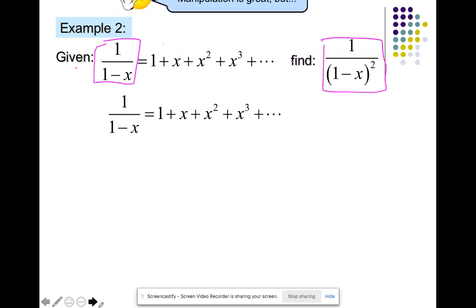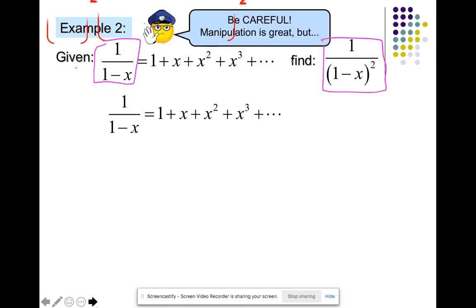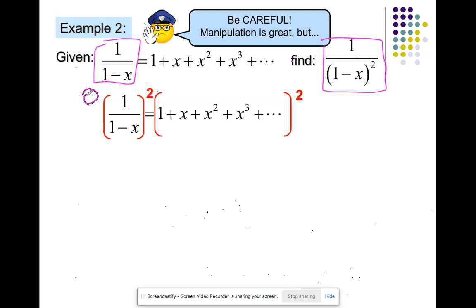So why don't I just square both sides? Stop it. This is true, because it's 1 squared and 1 minus x squared. Hello, squaring polynomials, right? You can't distribute that. 1 plus x squared, even if I just do the first 2 terms, is not just equal to 1 squared plus x squared. That doesn't work.